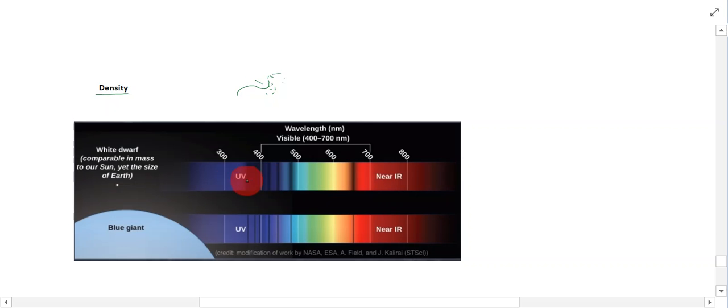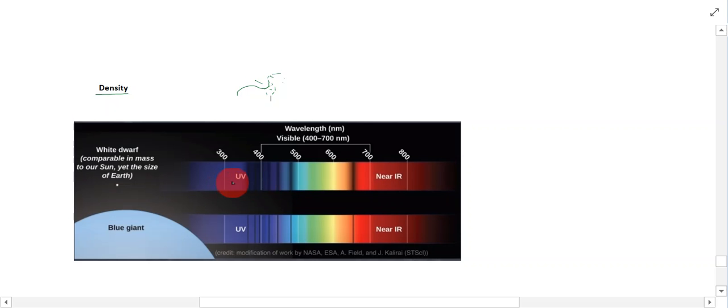And you get this kind of spectra being produced. Whereas with a blue giant, the light has to pass through a photosphere that is much less dense. That gives you much sharper lines on an absorption spectra like this.